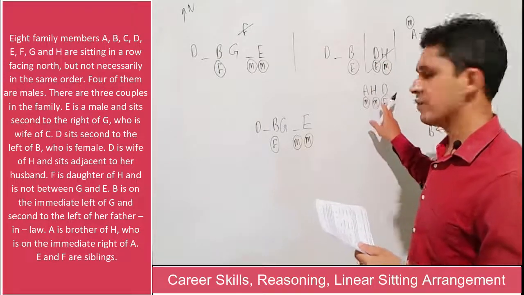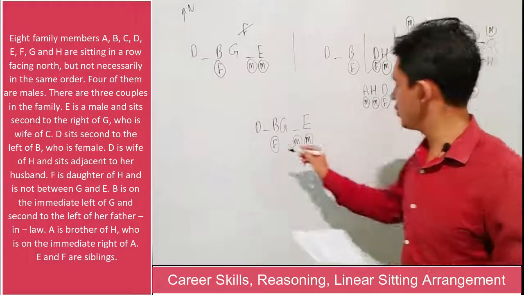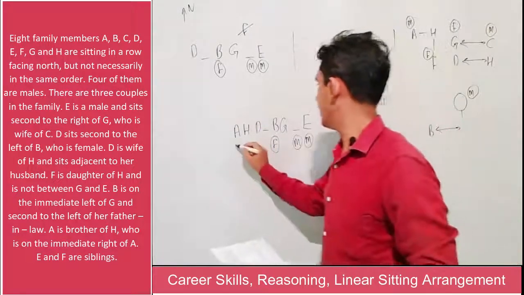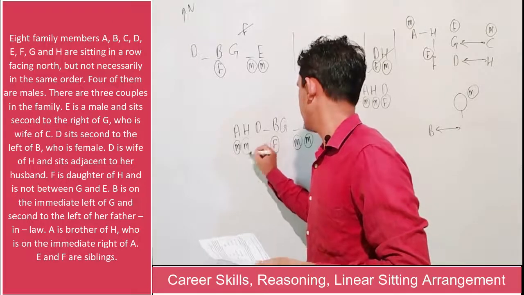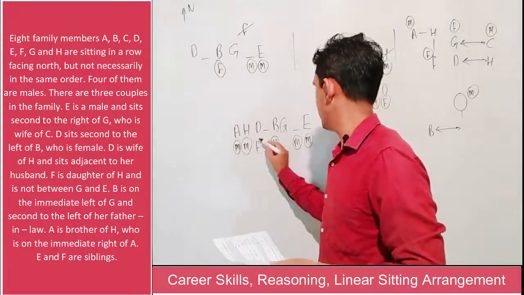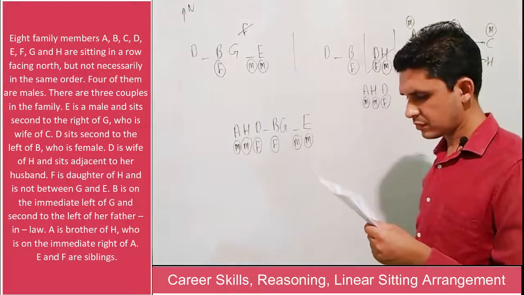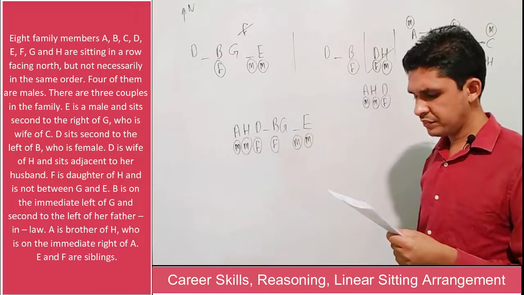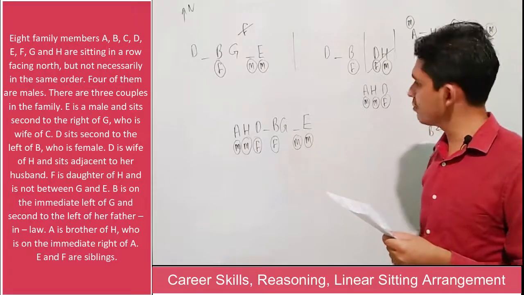Thereafter, the left of D will be AH, so we can write it as AH, right? AH will be male and male respectively, right? D will definitely be a female, so this is here. We have a statement like A is the brother of H.